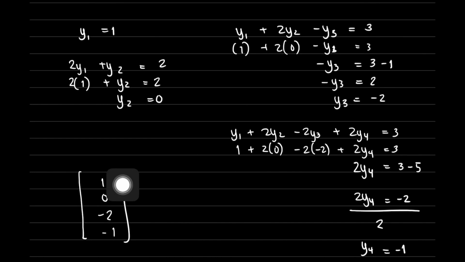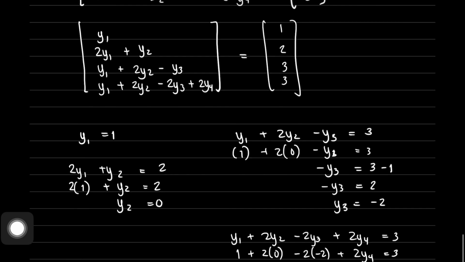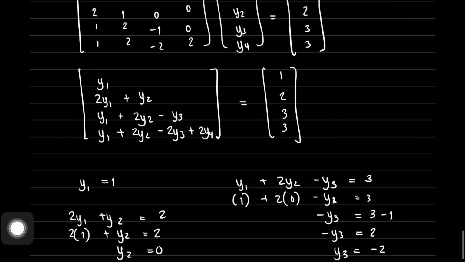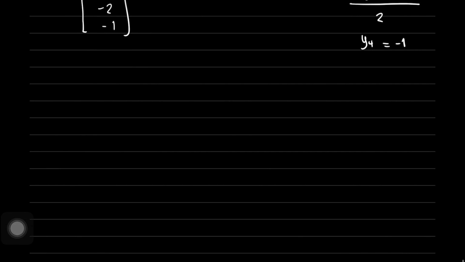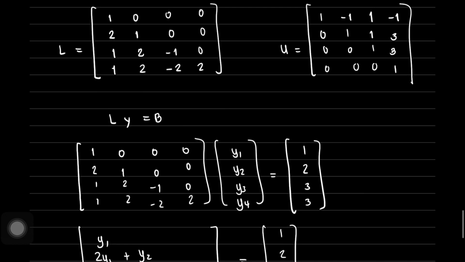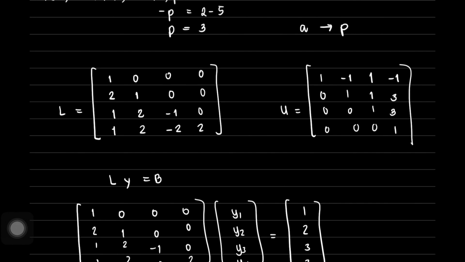And we are going to use this vector y to solve for the values of x. We're going to use the expression U times x equal to y to solve for the values of x. Again, writing the upper triangular matrix that we solved, we have 1, negative 1, 1, negative 1.